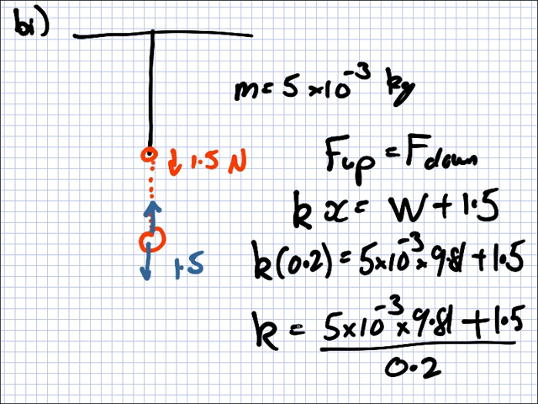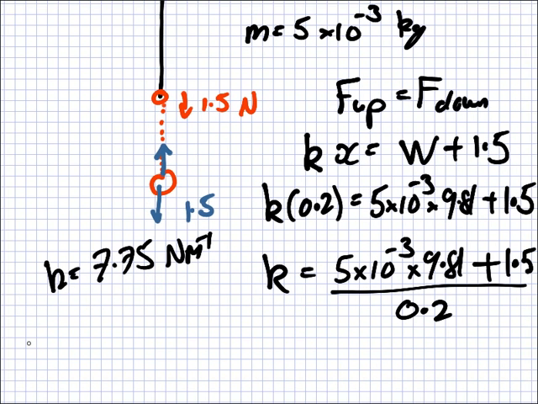It's 7.75. K is 7.75 newtons per meter. Yeah? So now we can find the answer.